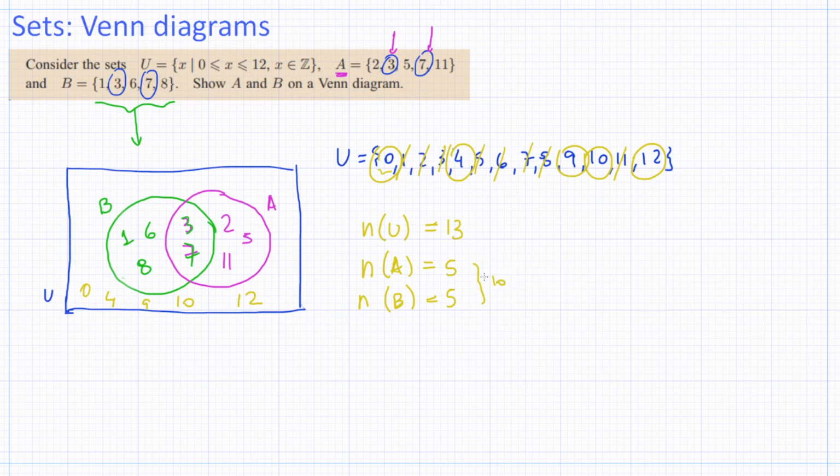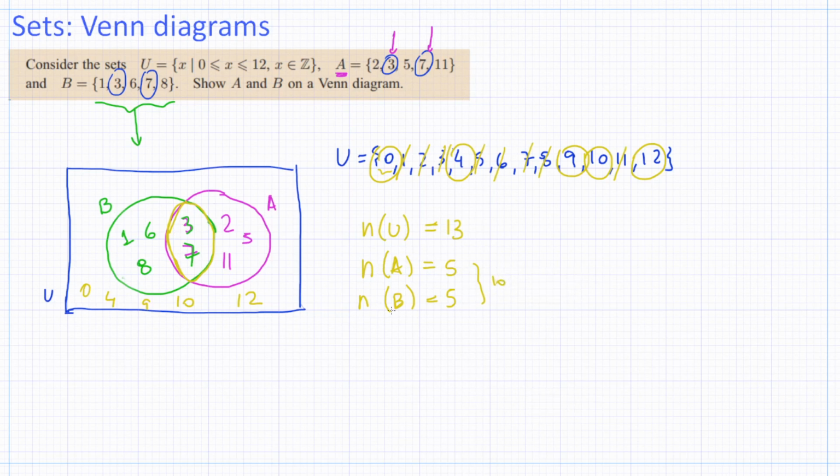But those numbers, they will not add up to our universal set because some of those are shared, right? So if I add those numbers, when I add number of elements in A, I'm counting 5, and then when I add number of elements in B, I'm also counting 5. So I'm counting those two twice. So that's why this would give us 10.